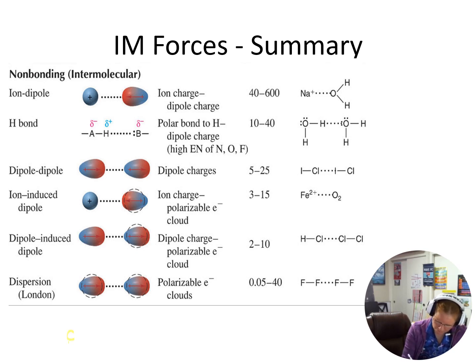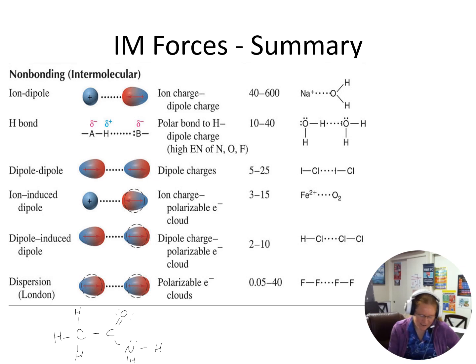Oh, whoops. I'm gonna run out of room. There we go. I'll kind of draw it like that. So I can actually get a situation where I get two simultaneous hydrogen bonds here too.